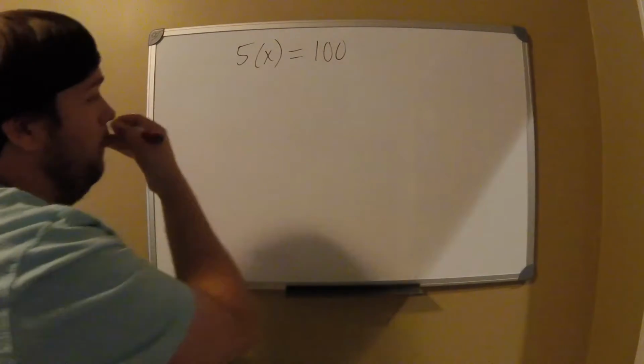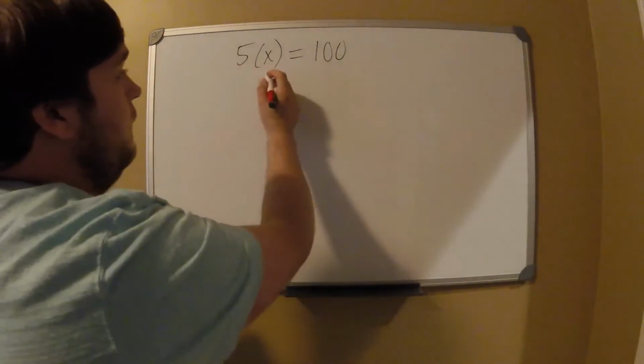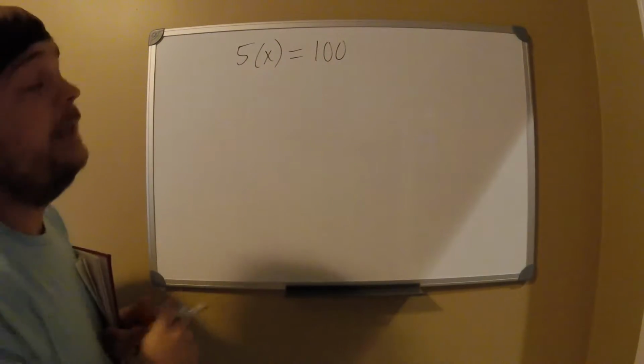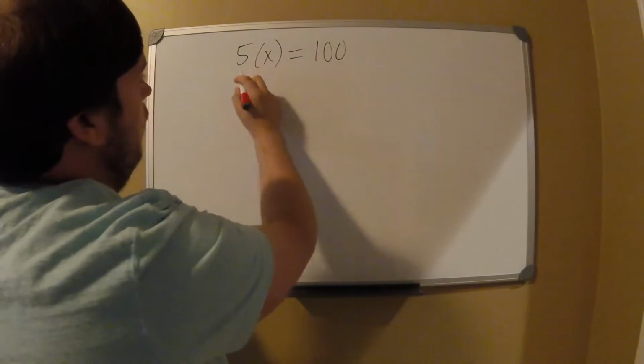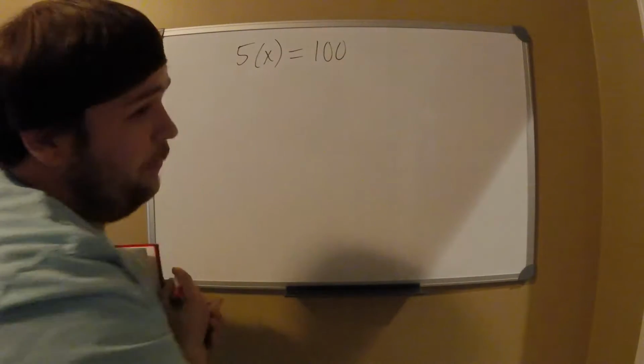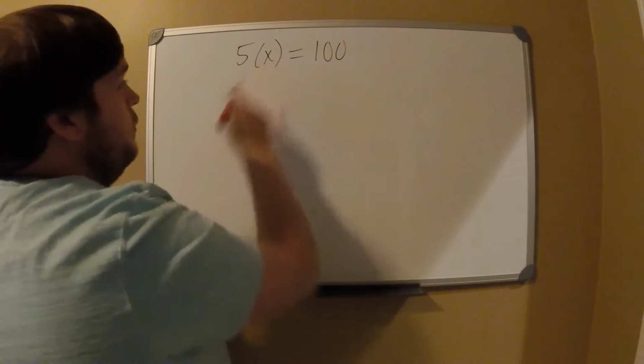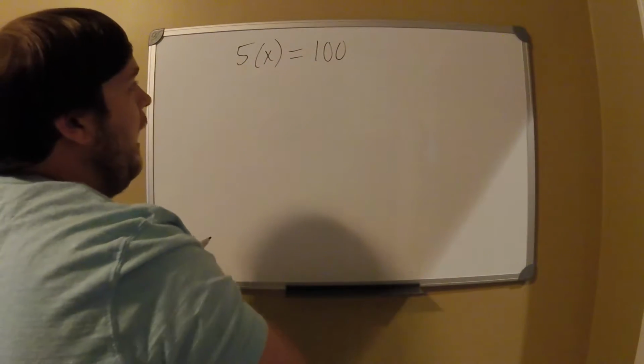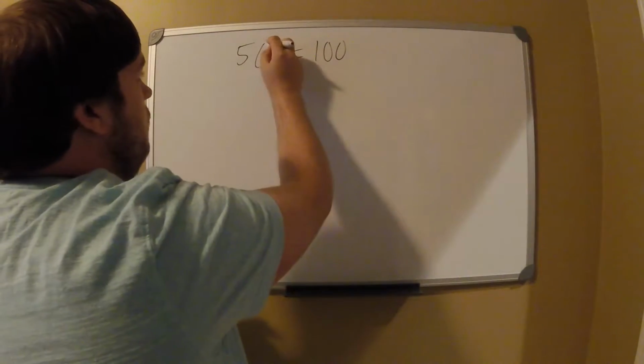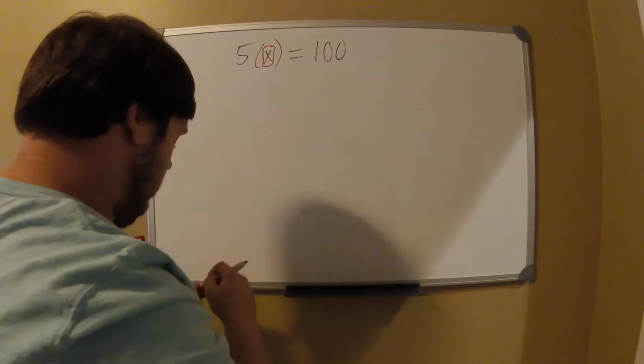Okay, so we got this math problem, 5x equals 100, and that's how you would read it. So what we're going to do is get x by itself, because we're trying to figure out how many friends we can invite, right? Because that's what the original problem was.